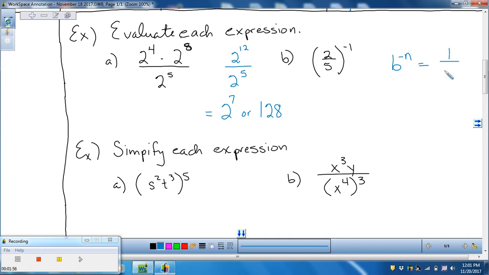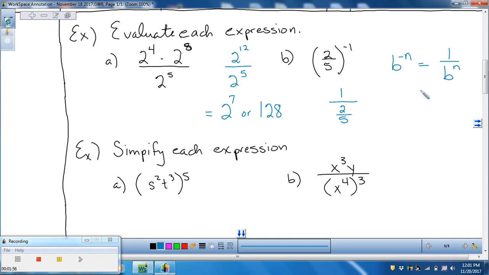It's going to be 1 over whatever that base is to that power. So the negative exponent just means you make a reciprocal out of it. So the first thing I'm going to do is take 2 to the 5th and make that into a reciprocal. So it's going to be 1 over 2 to the 5th. By doing that, that negative 1 power becomes a positive 1 power.